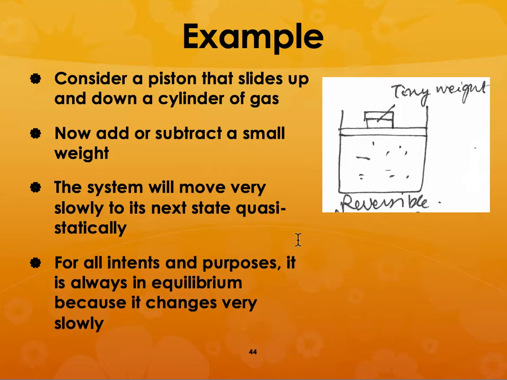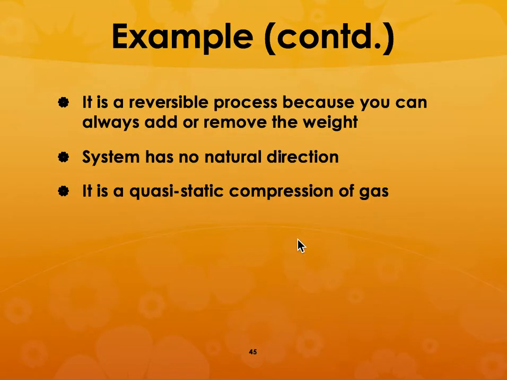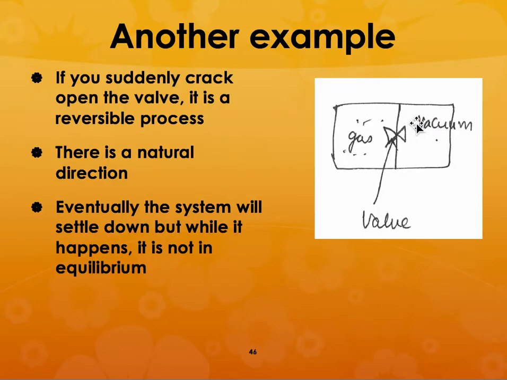So for all intents and purposes, it is always in equilibrium because it changes very, very slowly. What you need to know is that it is a reversible process because you can always add or remove the weight. And the system has no natural direction. So you are literally talking about quasi-static compression of gas.